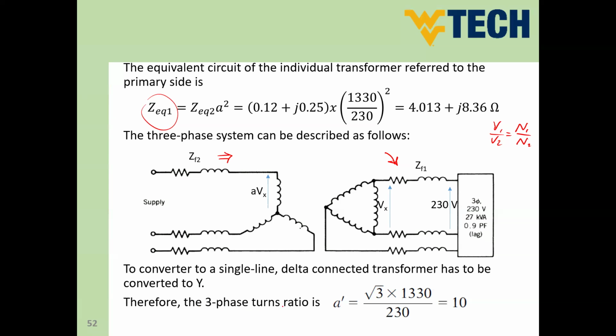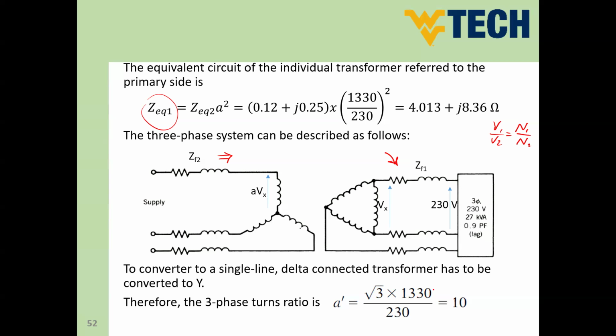Therefore, the three-phase turns ratio is A prime equals √3 times the single phase primary volt divided by the secondary volt. If you do that, √3 times 1330 divided by 230 would be 10. The line volt, √3 times 1330, is 2300.